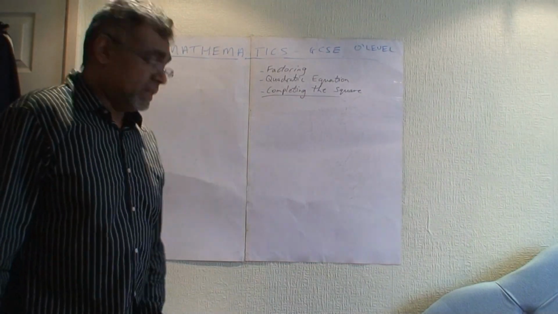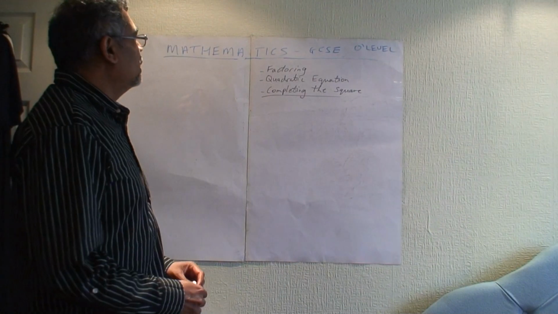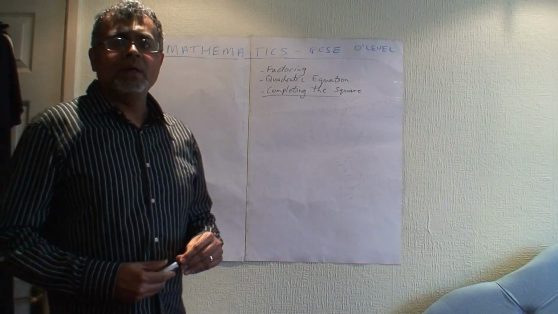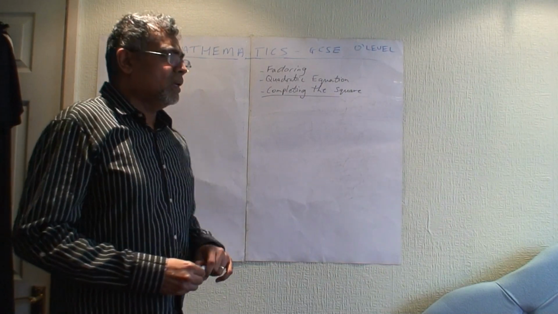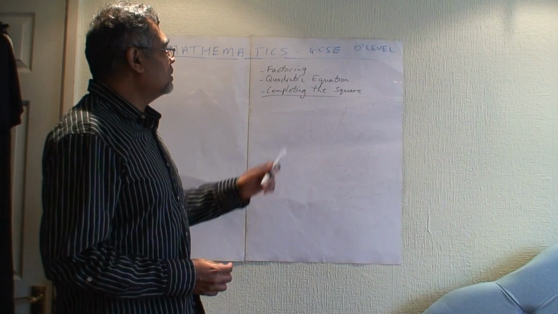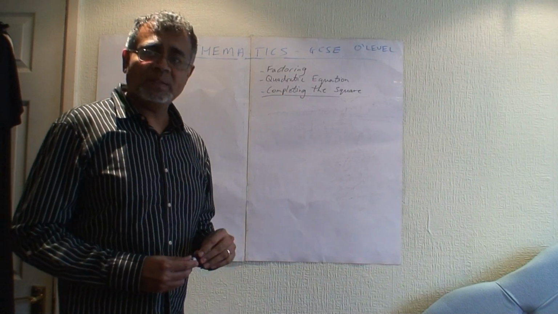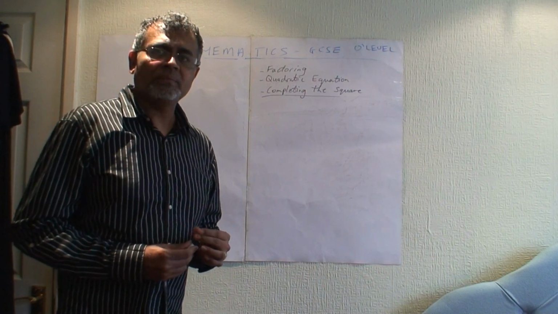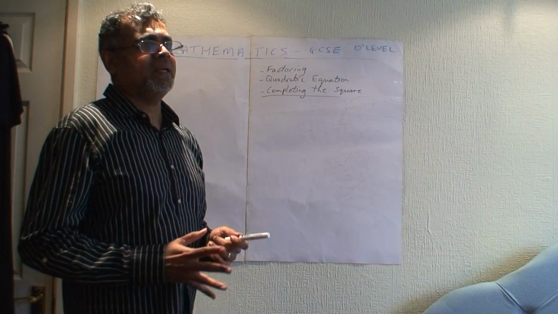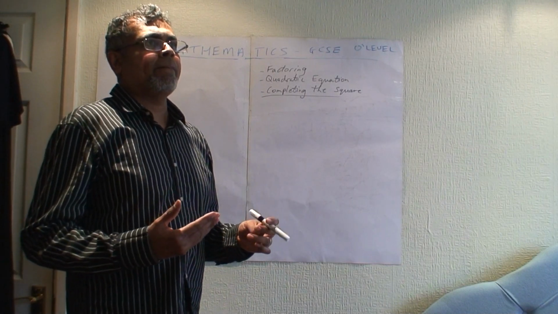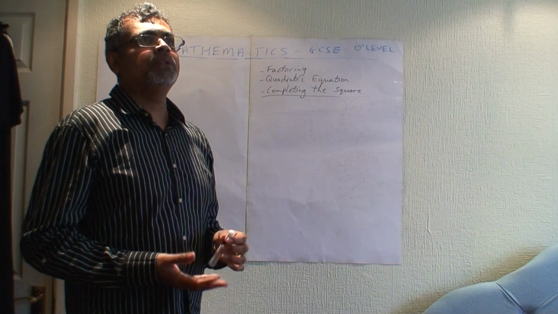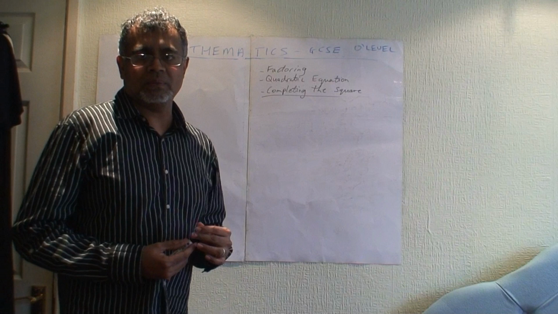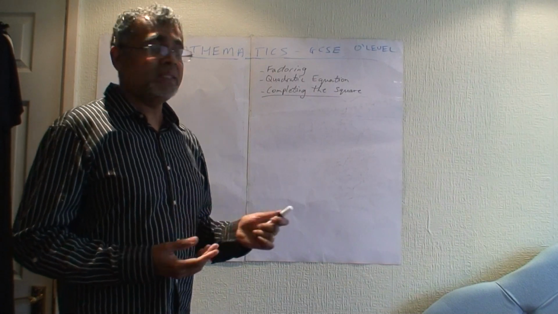Welcome again to another mathematics tutorial, and today we are going to look at completing the square in solving quadratic equations. In our past videos, we looked at factorizing as a method of solving quadratic expressions, when it is easy to find two numbers whose product and sum work out, then we can factorize.